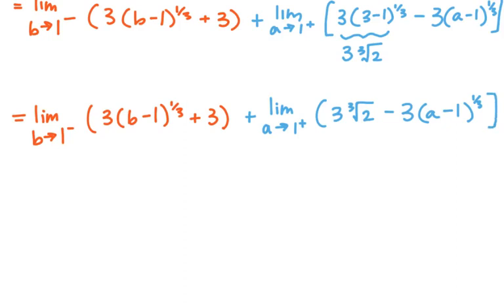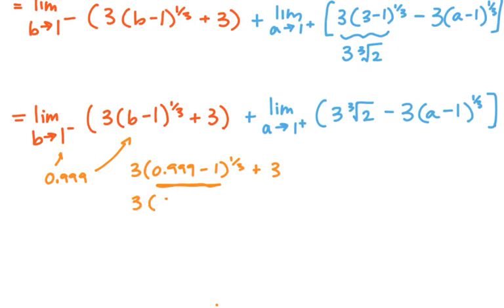All right, so we have to look at what happens when I plug in a number slightly to the left of 1. So if we consider slightly to the left of 1, that could be 0.999. If I were to plug that in here, I would have 3 times (0.999 minus 1) to the 1/3 plus 3. Inside my parentheses, this is going to be a very small negative number.